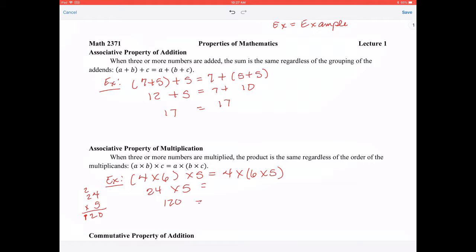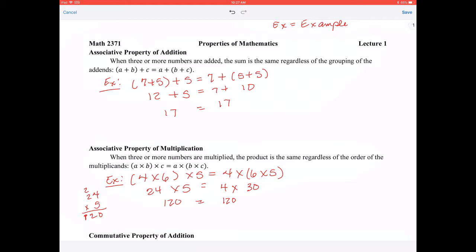Now on the right side, I have 4 times 6 times 5 is 30, and to do 30 times 4, 3 times 4 is 12, and then I just tack on the 0. All right? And so the right side is easier to do because I don't have to write it vertically.